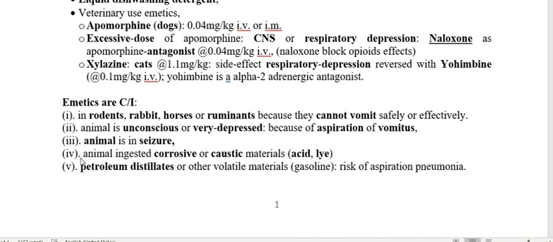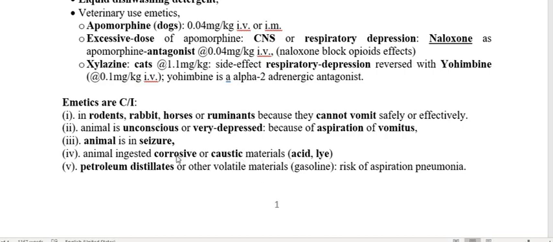Also we should not give emetics if the toxic material or toxicant is corrosive or caustic in nature. Why? Because when you give emetics for a corrosive or caustic toxicant, what will happen?